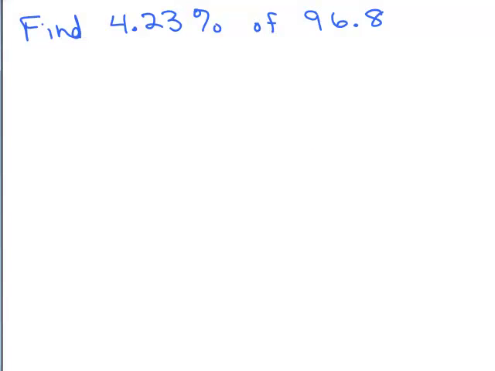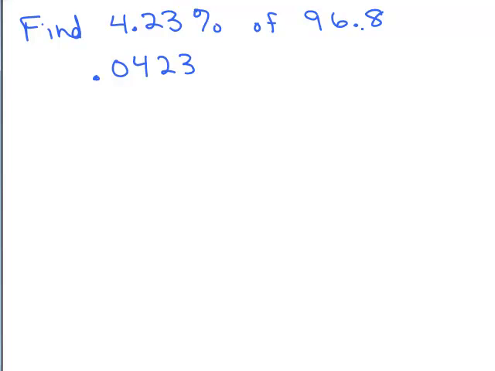Here's one last one. How about you try this? And I recommend you use a calculator for this problem. Although if you don't have one, you're just going to get practice with your multiplication with decimals. All right, so we're going to have to change 4.23% to either a fraction or a decimal, and I think the decimal is going to be the easy one, 0.0423.